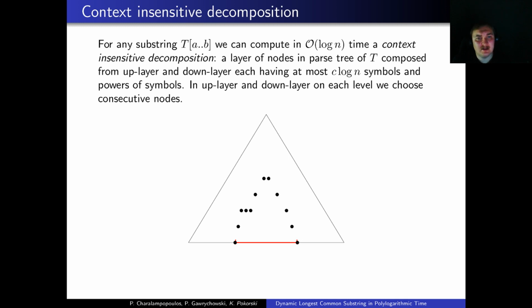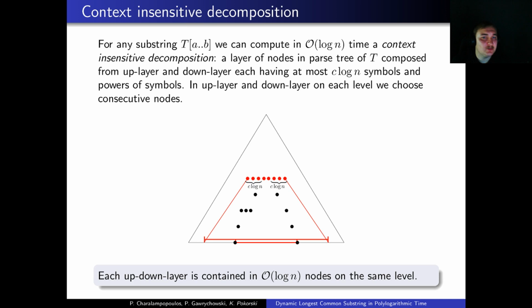If there are runs, it's not so nice, and there are additional technical details which I don't want to get into, but the situation gets a little bit more complicated. On each level there may be a few consecutive nodes that are selected.